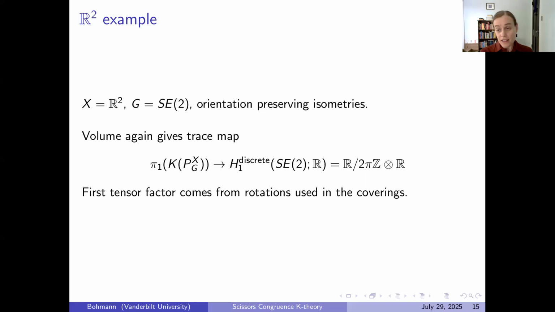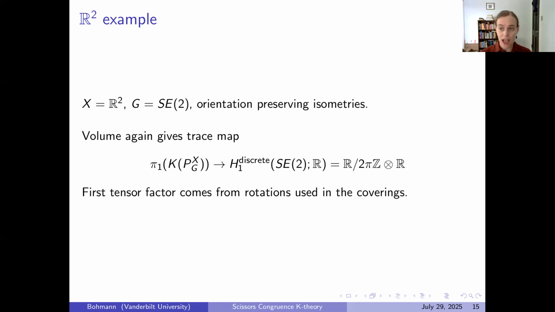And now we can try a slightly more complicated example. So now we'll work in R2, in two-dimensional Euclidean space. So that's our geometry. And I'll focus on the group of orientation preserving isometries, which I'll call SE2.